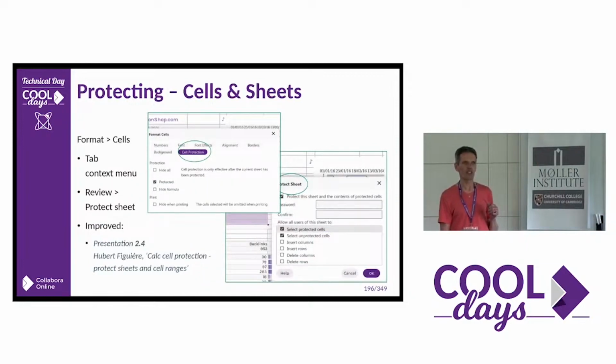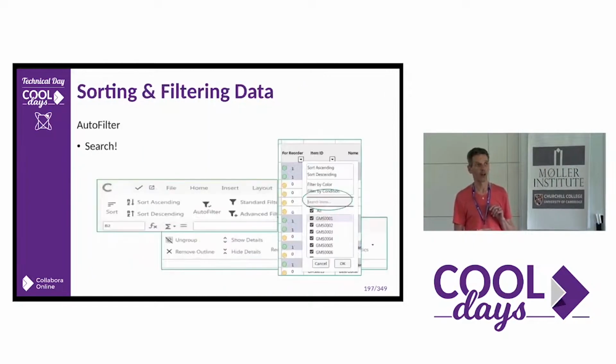Protecting sheets and cells, that's if you have done some beautiful work and you want it to be locked so that not anyone can randomly change it. Format Cells gives the possibility to set the cell protection, and finally the protection is activated by setting the protection on the sheet. I think it's almost the last.